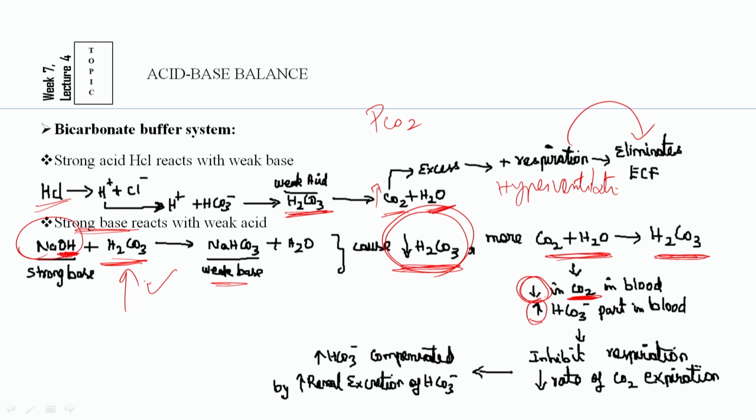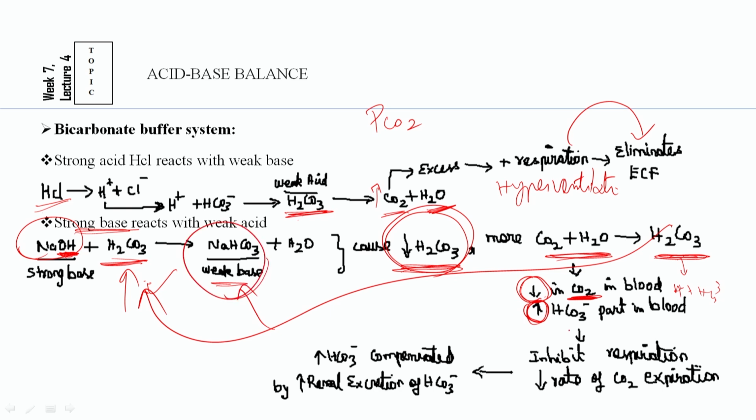On the other hand, it increases the bicarbonate ion part in the blood. Remember, fine? Because the carbonic acid can be liberated into H plus and bicarbonate, HCO3 minus, or otherwise you can say this carbonic acid is used here for the production of NaHCO3, the weak base.